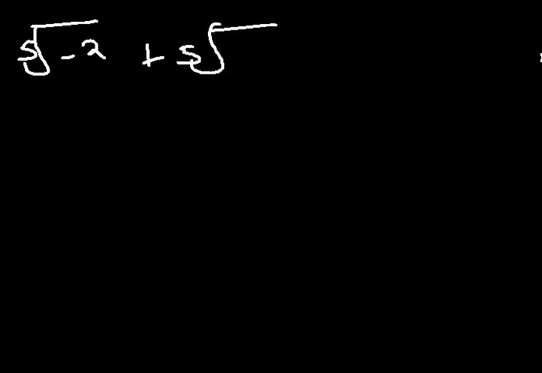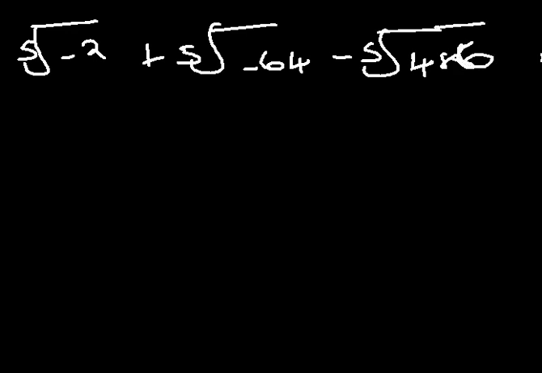Now what if we have, let's say, this case: the 15th root of negative 2 plus the 15th root of negative 64 minus the 15th root of 486. So how should we handle these?